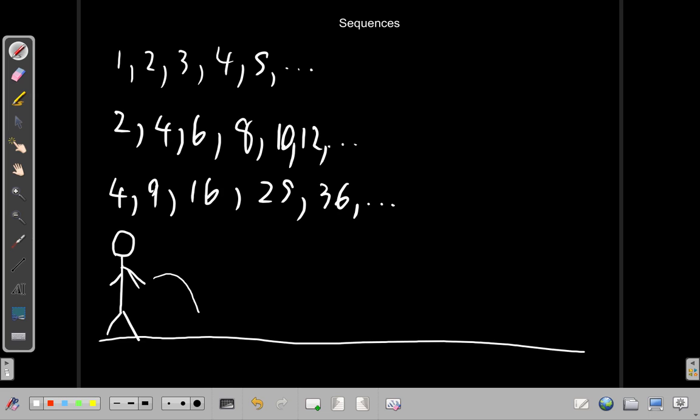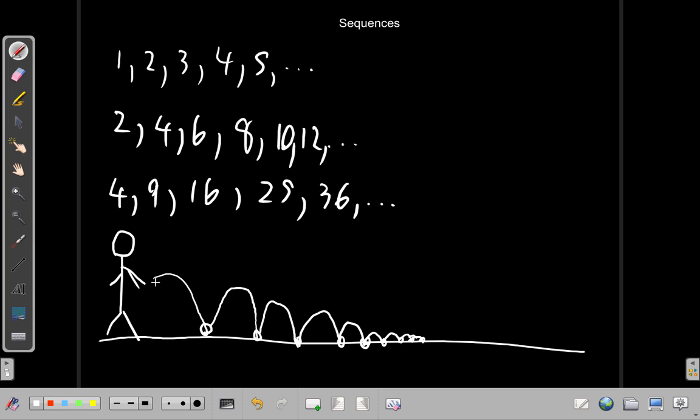The ball hits the floor, and it bounces, and it bounces again, and it keeps bouncing, and each time it bounces lower and lower.